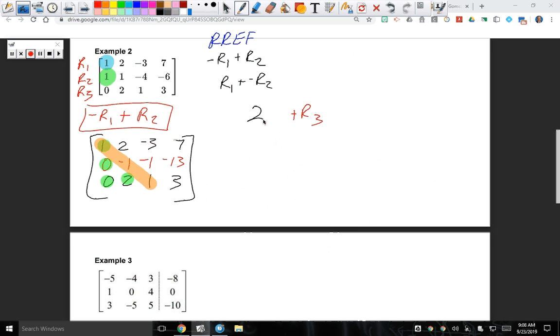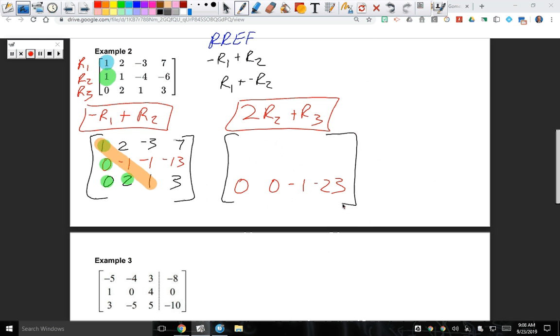So 2 times R2 plus R3 gave me 0, 0, negative 1, and negative 23. Everything else in this matrix stayed the same. And guys, the color coordinating helps so much the way I'm doing this, because whenever I learned it, it was just pencil or marker and whiteboard. Are we good? All right, here we go.